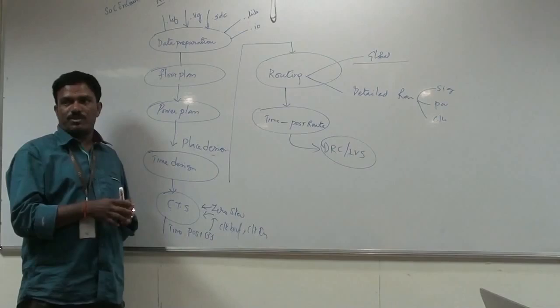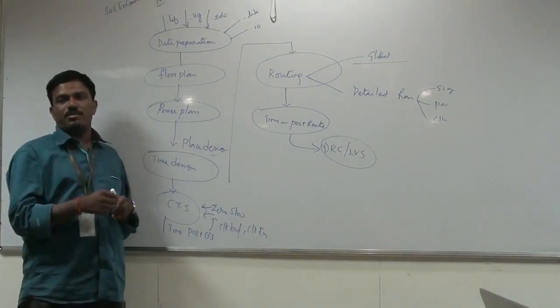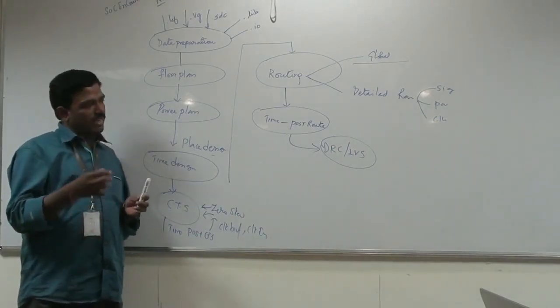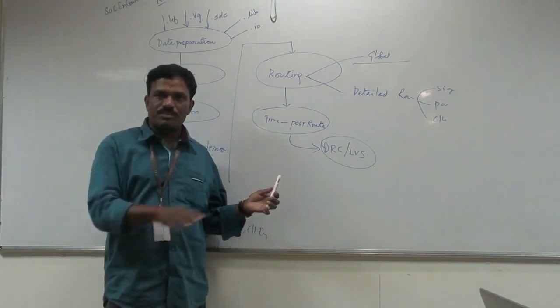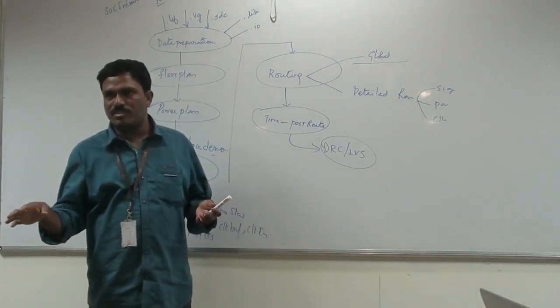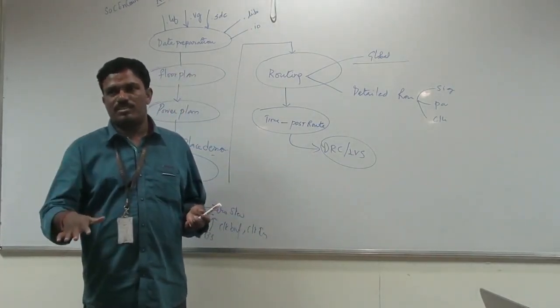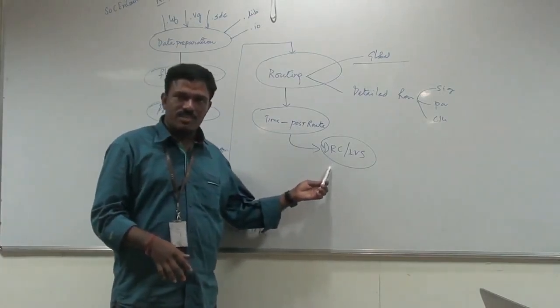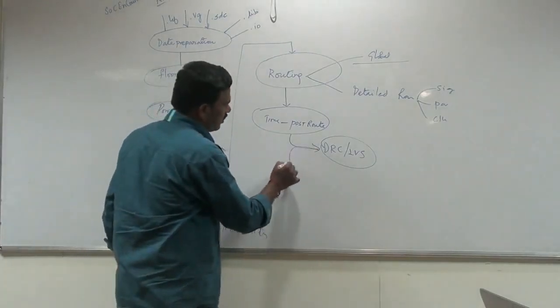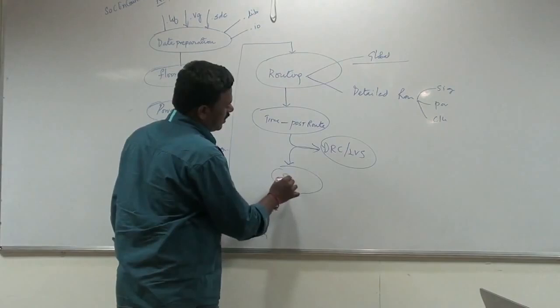That DRC LVS fellow will use Caliber kind of tools. He will confirm there is no DRC violation and no layout versus schematic violation, that is, nil violations. Once there are nil violations, this fellow sends the design to the signal integrity fellow.